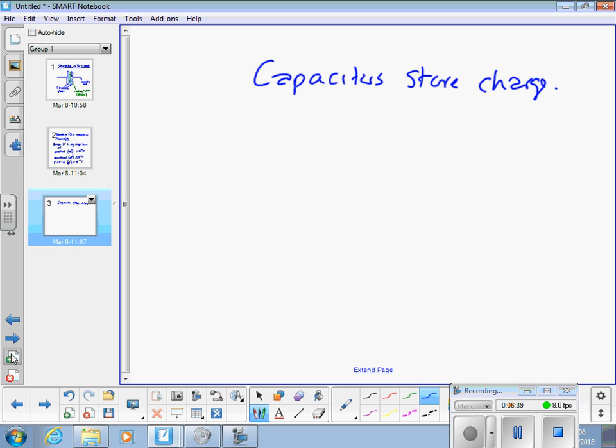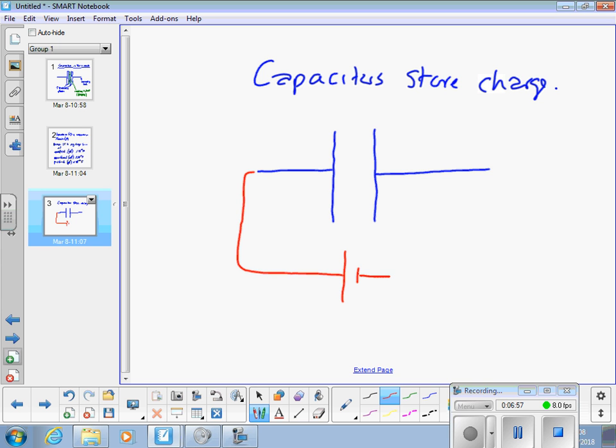So, if we take a capacitor, like so, and we connect that to a voltage source, like a battery, that will allow a current to flow. Okay.